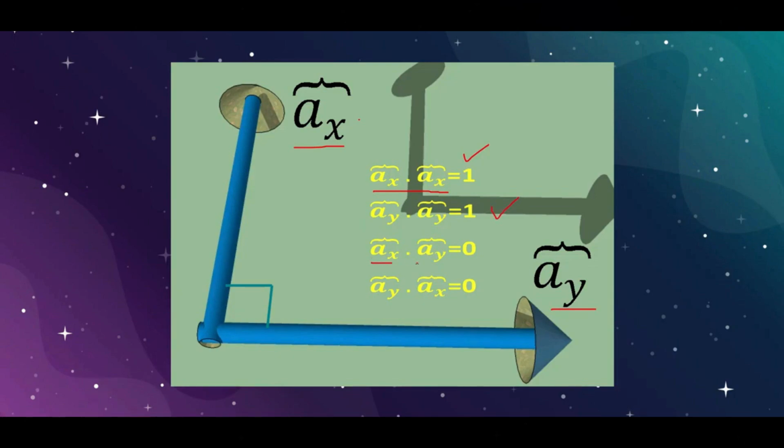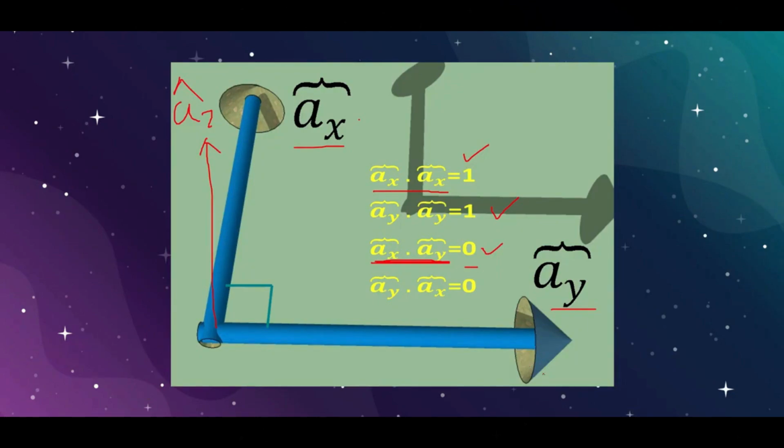But if we take the dot product of different unit vectors, then it will become 0. If we consider a third direction, say AZ cap, then we have to imagine this system for three directions. So AZ cap dot AZ cap will become 1. If AZ cap is multiplied by any other direction, it will give the result as 0.